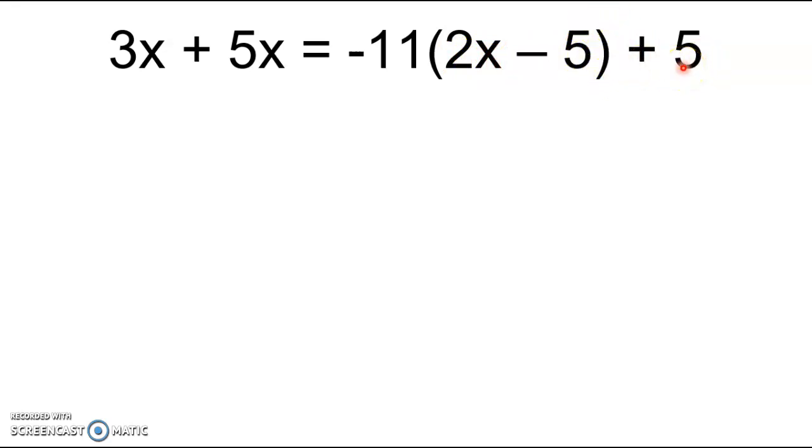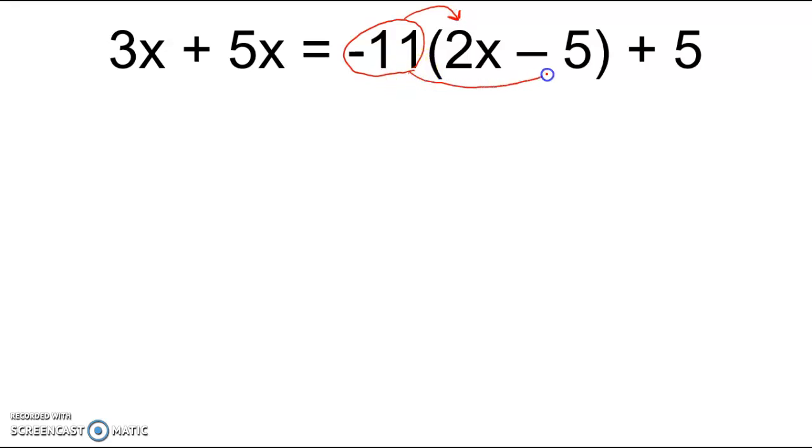Seems like a lot, but it's not as complicated if you just break it down in parts. So let's focus on one thing at a time. We're going to focus on the distributive property here. We're going to distribute. Remember, multiply. We're going to multiply this negative 11 into the parentheses, right?